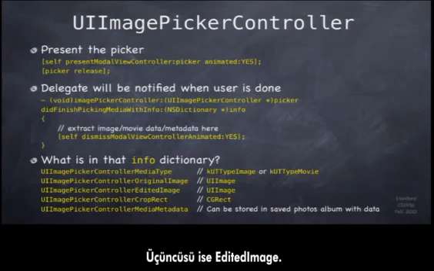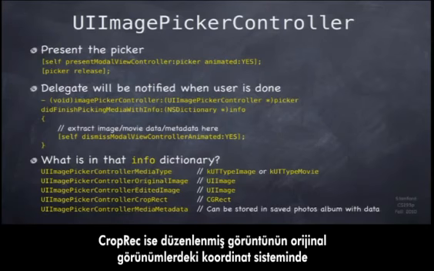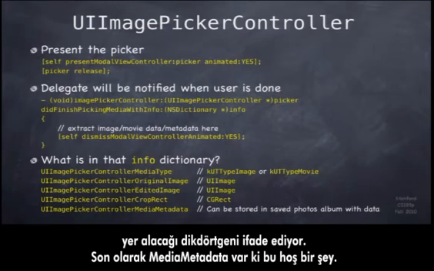And then the next one is the edited image. That's after they edited it, cropped it, and translated it to where they wanted it. And then crop rect tells you the rectangle in the original view's coordinate system that the edited image ended up being. And this last one, which is kind of fun, is media metadata.